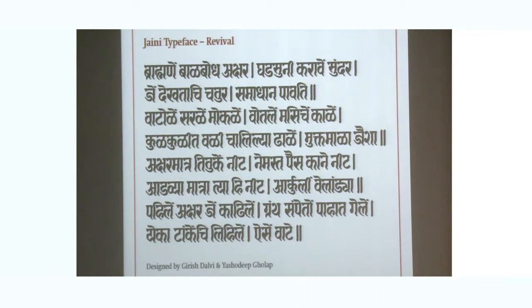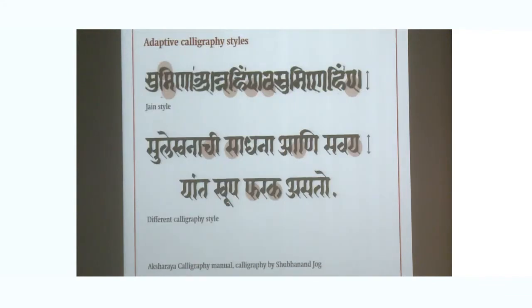If you see the leading, the darker text, lower small matras, and thin terminals. There's another calligrapher, Shubhanand Zog. In his style, he has adapted those visual features, modified them, and made his own style.